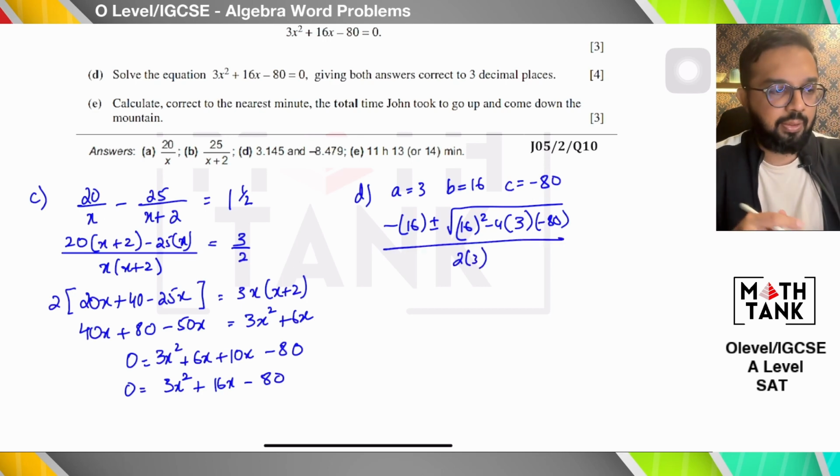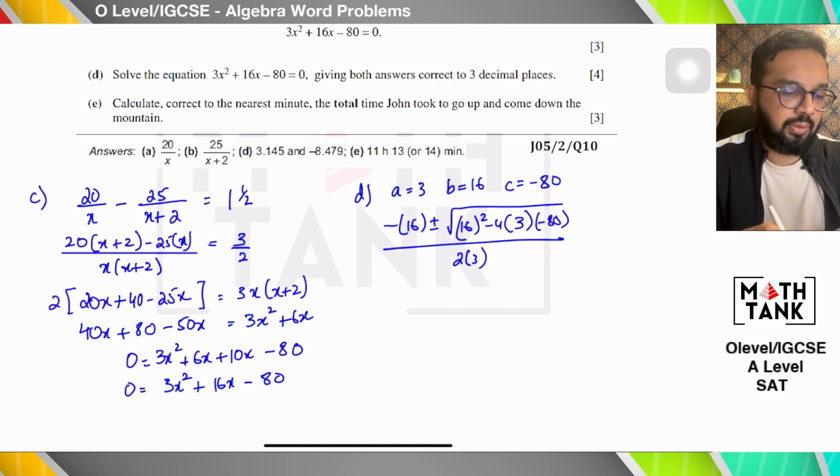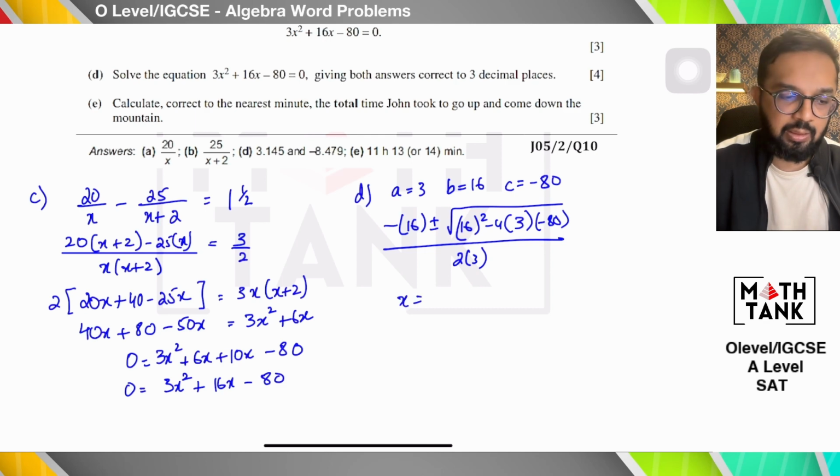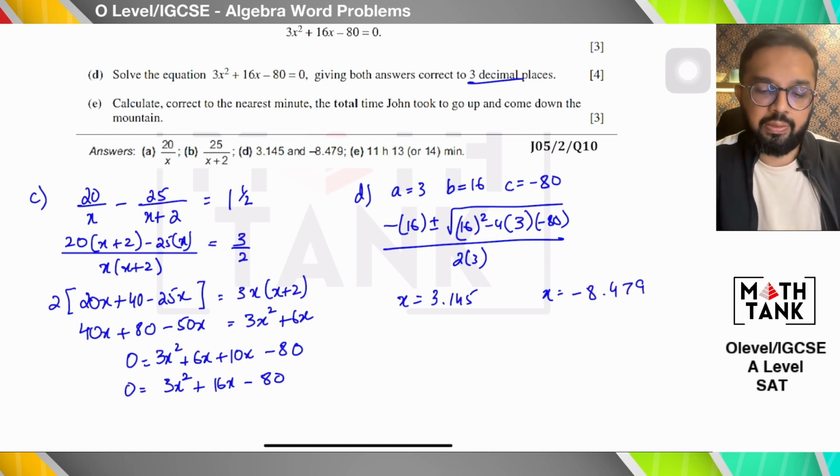Put that on a calculator quickly, once with the plus and once with the minus. With the plus I get, to 3 decimal places, 3.145 on my calculator, and with the minus I get minus 8.479.